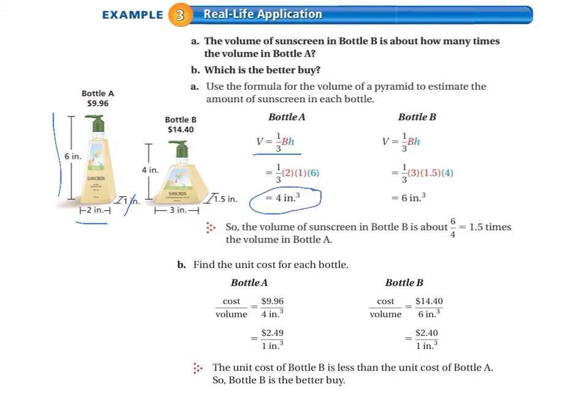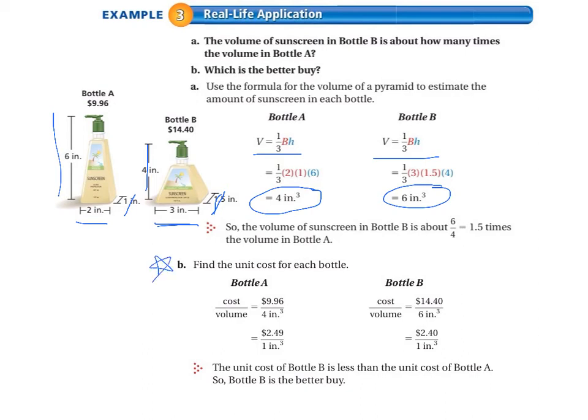And bottle B, we have the same formula. 1/3 times, we have 3 times 1.5, because that's our base, and to find that, we have to do length times width. And our height is 4. And when we multiply all that out, we get 6 cubic inches. So the volume of sunscreen in bottle B is about 6/4, which equals 1.5 times the volume in bottle A.